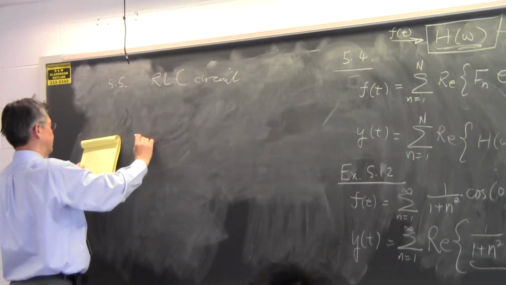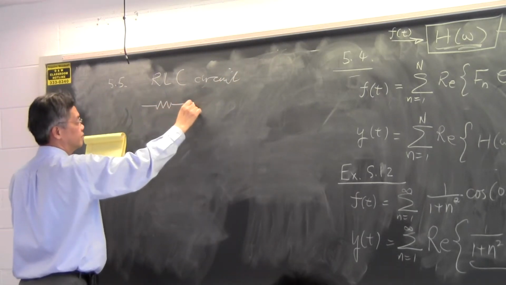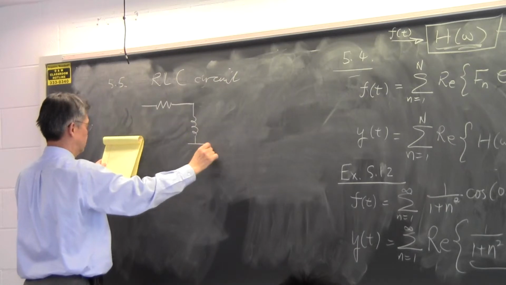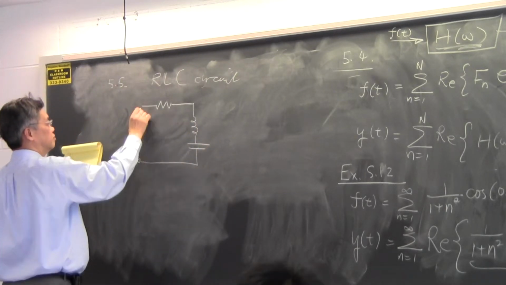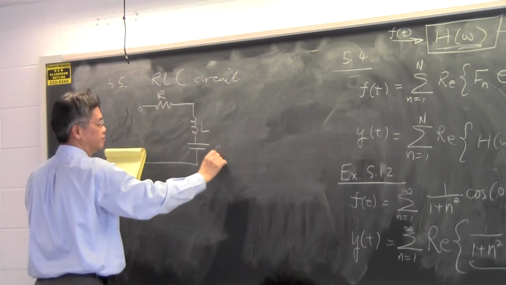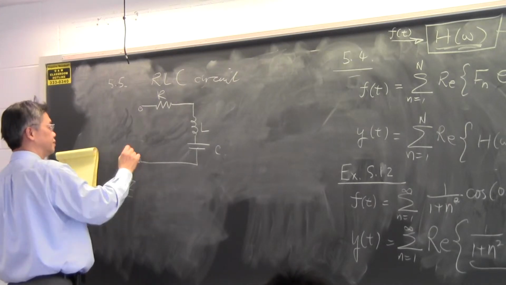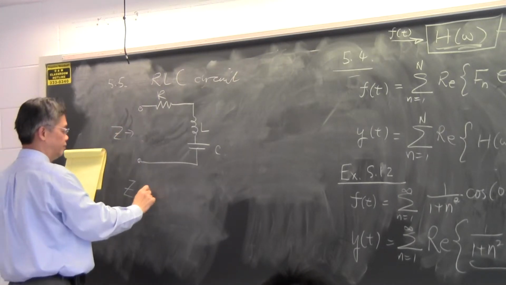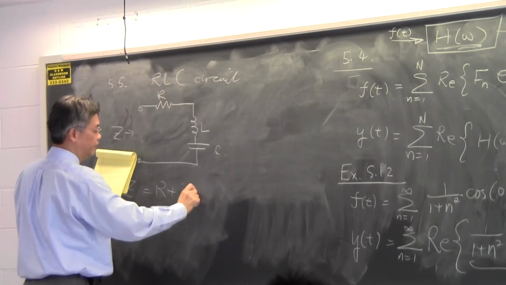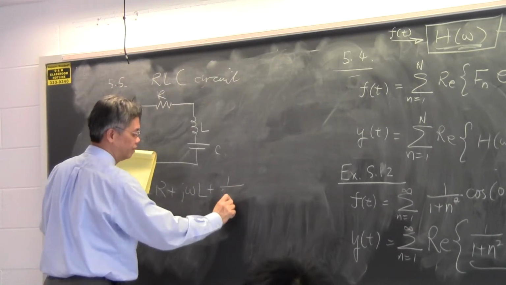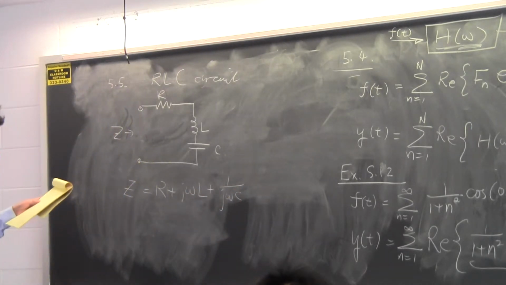And then you have the impedance that looks something like this: R, L, C, and the input impedance Z looking this way will be equal to R plus j omega L plus 1 over j omega C.